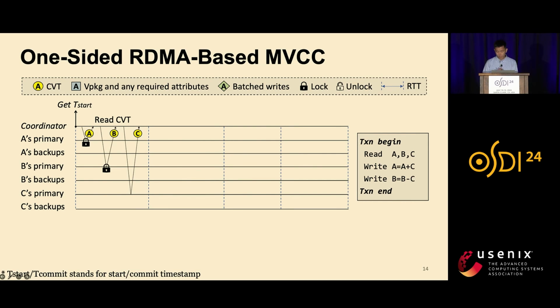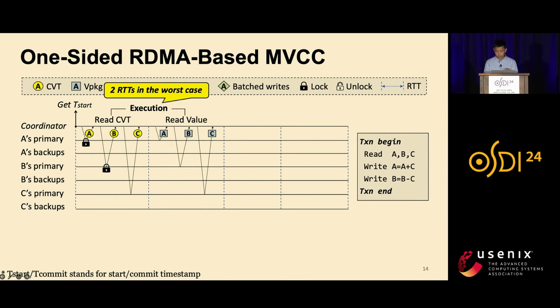For the data that will be updated, Motor locks their CVTs while reading them for exclusiveness. This is implemented using RDMA CAS. After obtaining the CVT, the coordinator determines the target version that is close to its start timestamp. Then the coordinator reads the full value and any required attributes together.